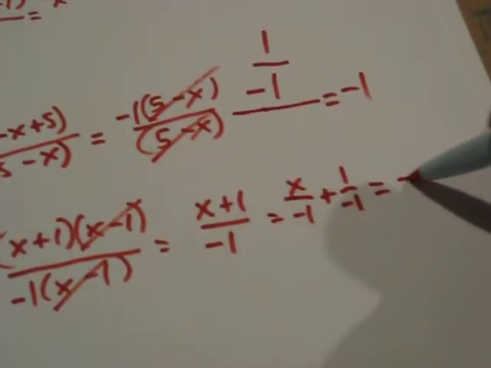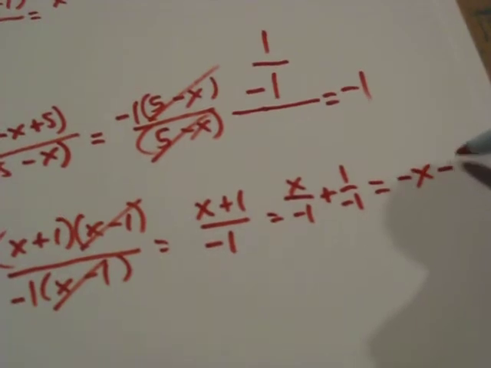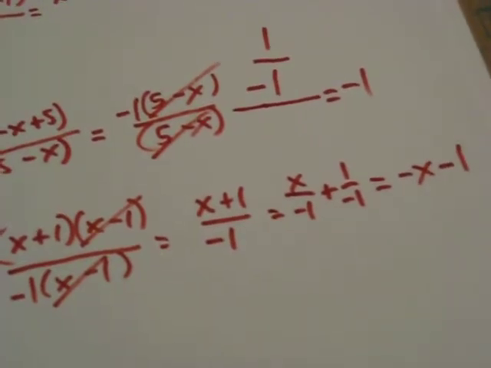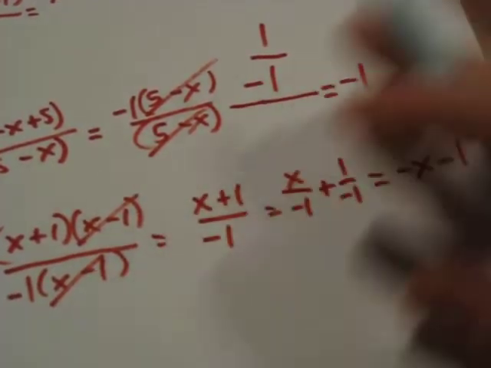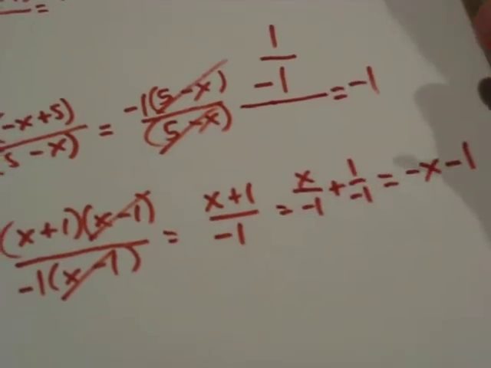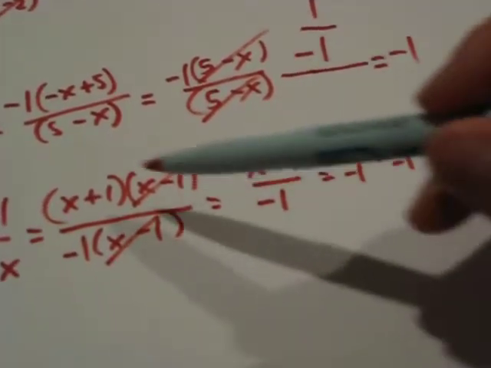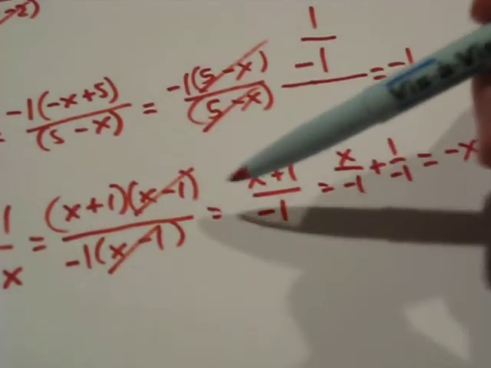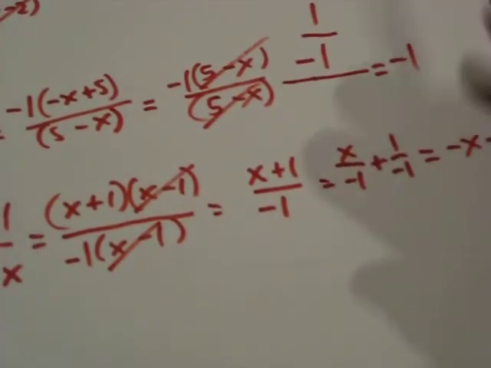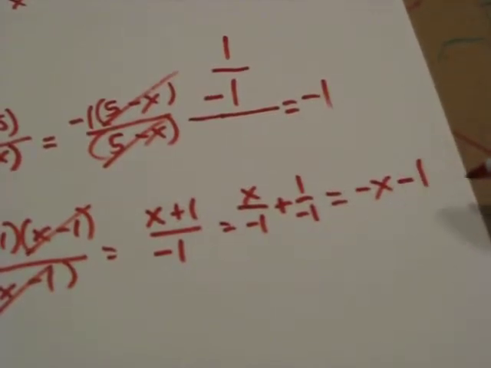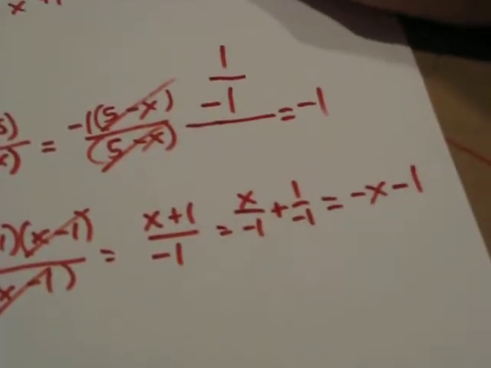So this gives me an answer of negative x minus 1, which is what's in the back of the book. So yeah, there's a lot of different ways to do this problem. Some of you might be thinking, well, I pulled the negative 1 out of the numerator, and that's why I got the negative 1 up there. And yeah, there's more than one way to do this problem, but it does always simplify to this answer at the end.